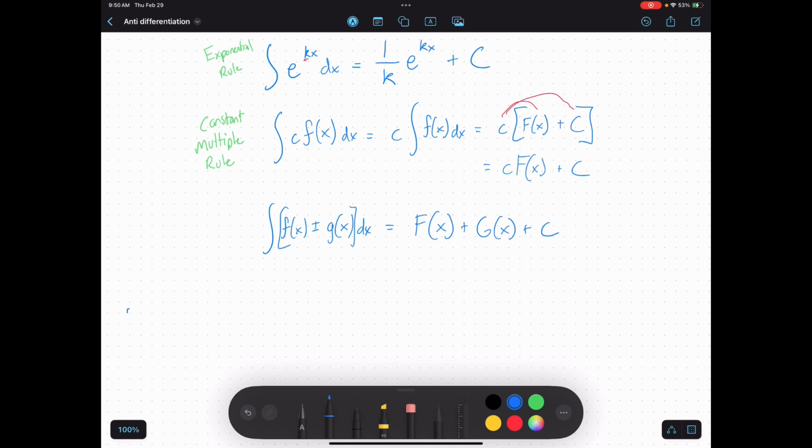Now you might be thinking for this one, well, why don't I have a c for both of my antiderivatives? Well, because if you have two different arbitrary constants and you add them together, you end up with another arbitrary constant. So I only have to list the one constant. And this is my addition and subtraction rule.